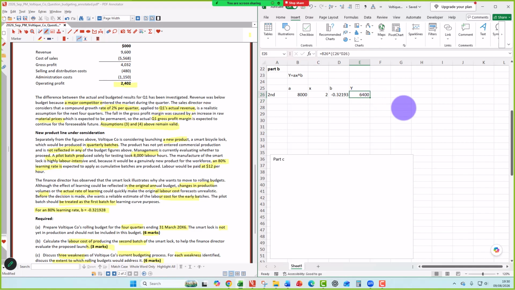So what this now tells me is the average time for the first 2 batches is 6,400 hours. But I need the total time for the second batch. So if an average for 2 batches is 6,400, then multiplying by the number of batches gives me the total time.